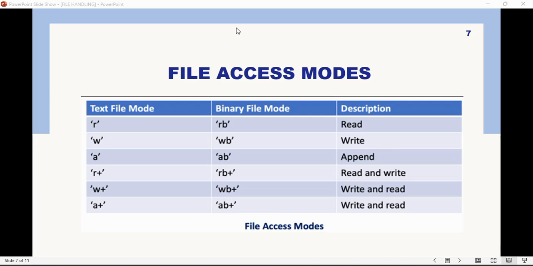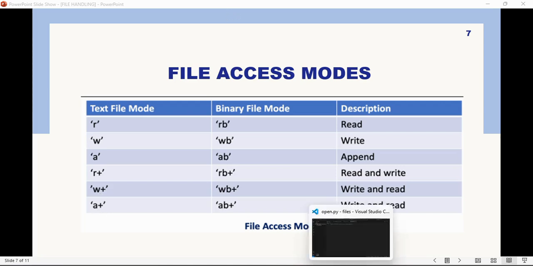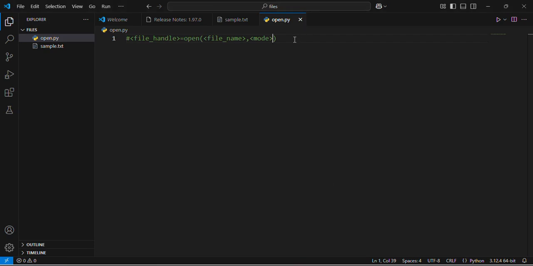The other three modes are not as important. These are just for the theoretical portion. Read and write mode means it will do the same as read mode, but we can write data to it too. Write plus mode will do the same as write mode, and it will mostly follow the rules of write mode.